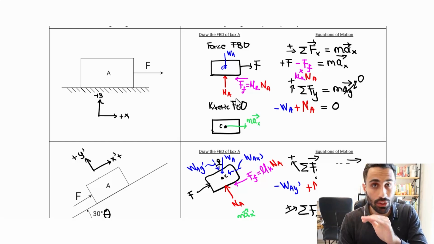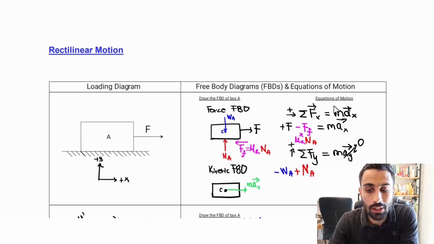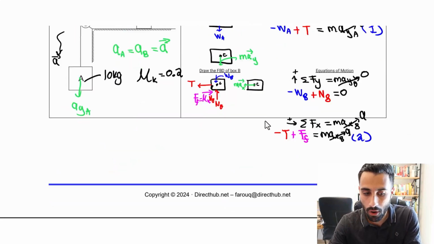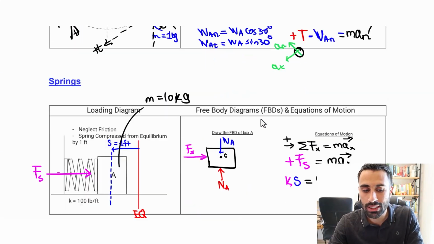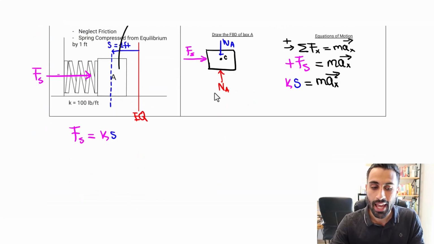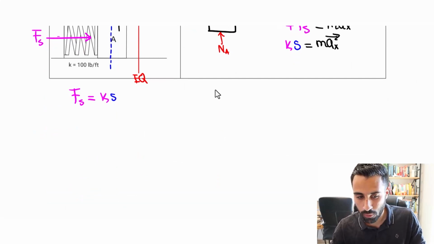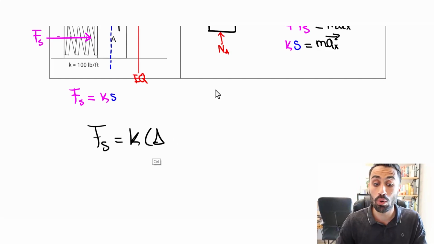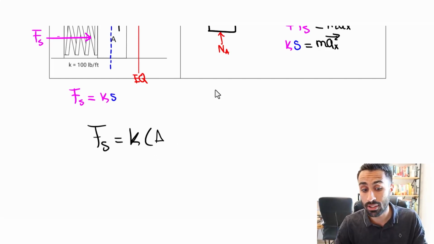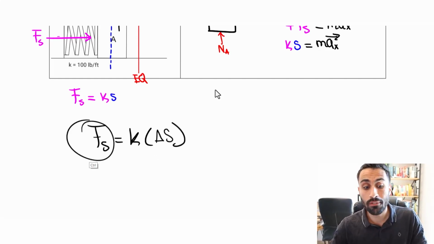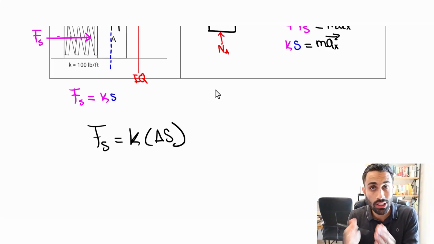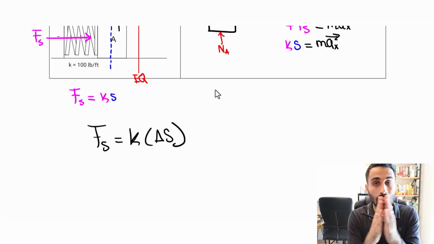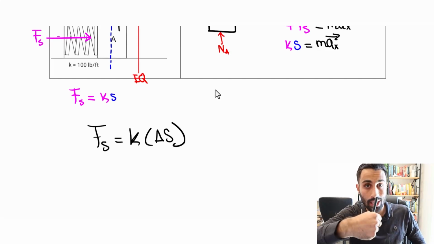Think of all of these forces. When we do the equations of motion, they're constant. The problem arises when we have a spring. The force in the spring depends on K times delta X, the change in X from Hooke's law, or we can call it delta S. So the force in the spring changes with respect to the compression amount or the amount we stretch.